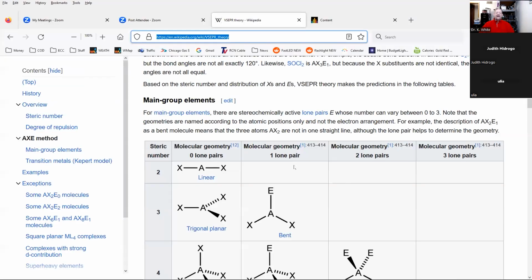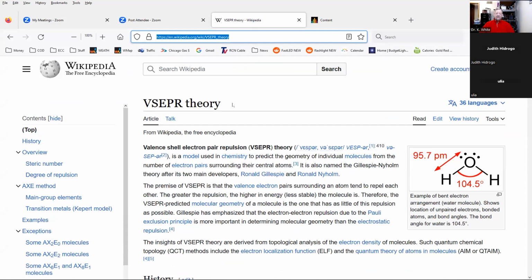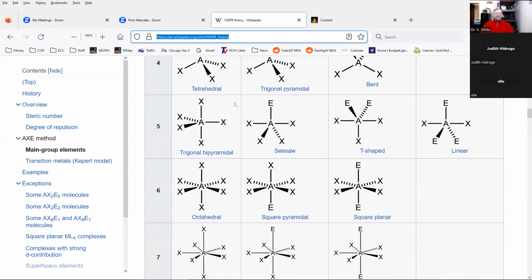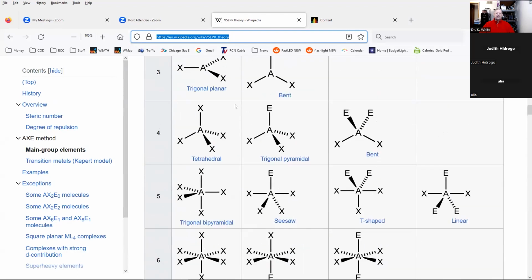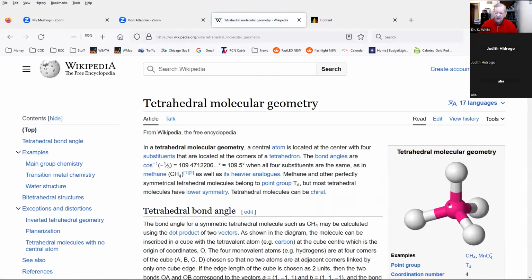Well, you look at the main group elements in this Wikipedia page, where I put the link, on VSEPR theory. Methane has 4 hydrogens and a center carbon. Think of the A here as carbon and each X here a hydrogen. And if we look here, that's the molecular shape. It's tetrahedral. And tetrahedral looks like this.